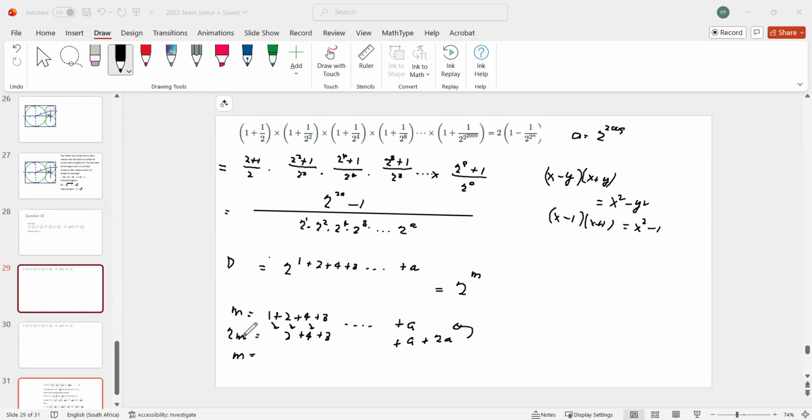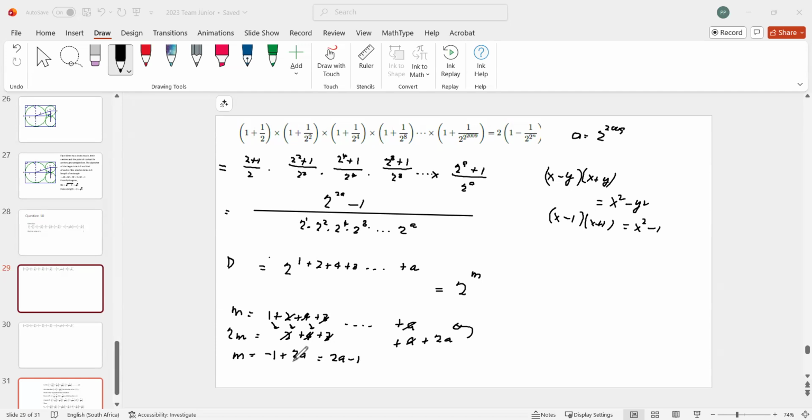Right? 2m minus m. Now this 1 becomes minus 1. But then these cancel. 4 minus 4, 4 minus 4, 8 minus 8, a minus a. A lot of these things cancel. The only survivors are this minus 1 and 2a. So this is 2a minus 1.